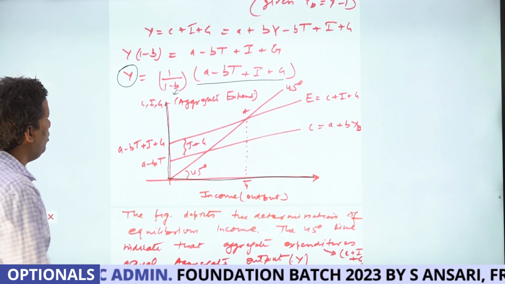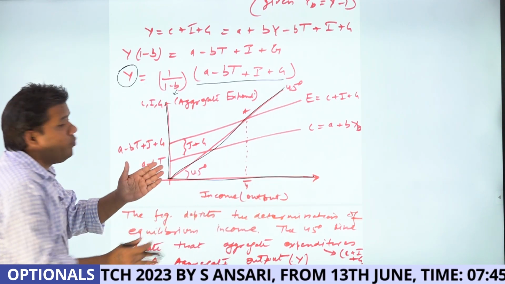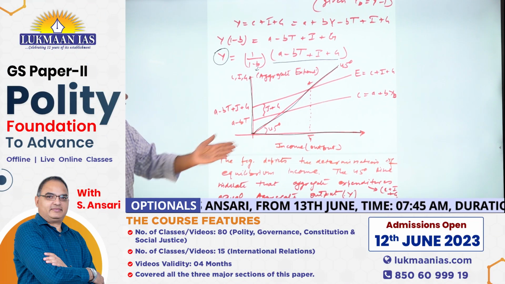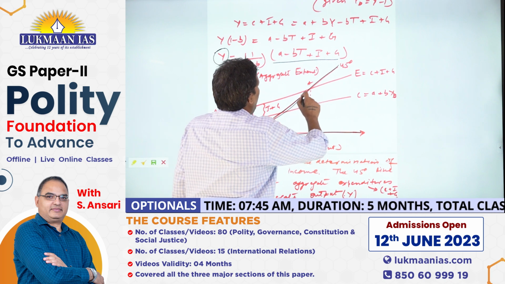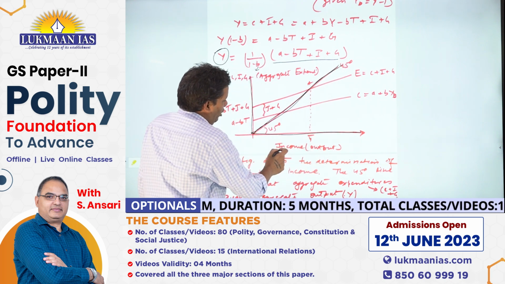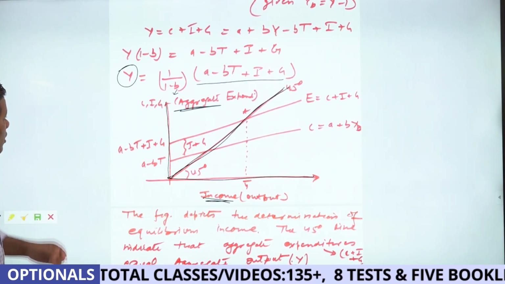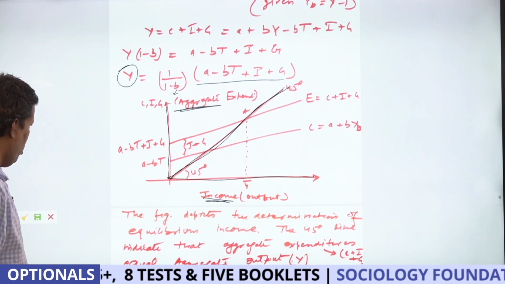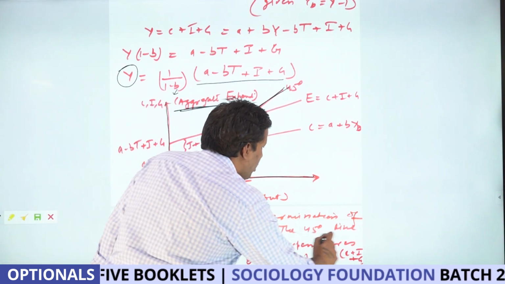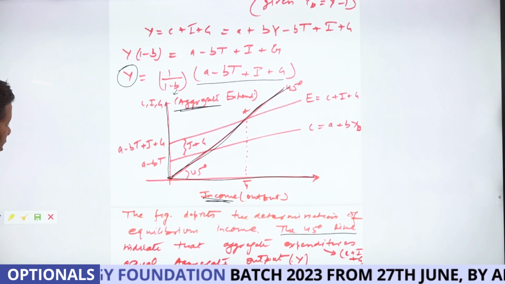The 45-degree line mentioned indicates that your expenditure is equal to your output. This is the ideal condition: income is equal to expenditure. It is also written that the 45-degree line indicates aggregate expenditure equals aggregate demand.